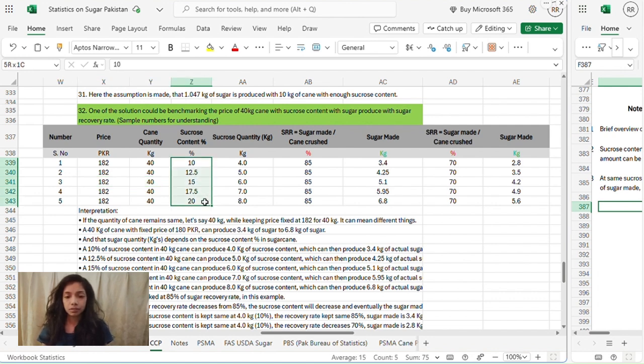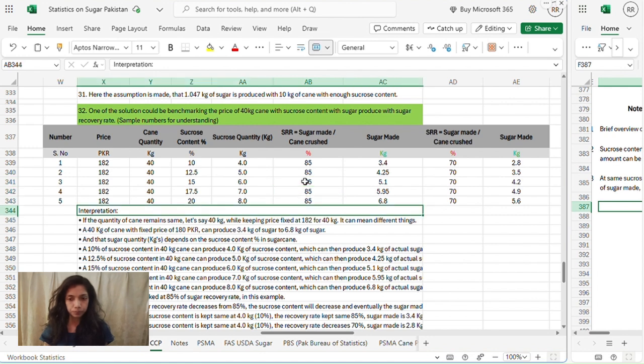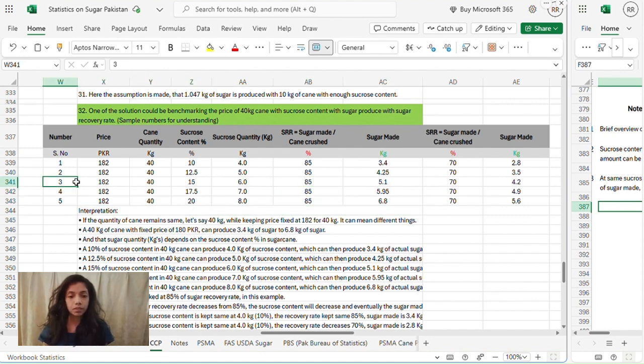This sucrose content, let's say I tried to put this, which is around 10 or 12% max, not 15, 17 or 20. But I just wanted to make estimates. If this is the case and the quantities are kept the same, then how are the further numbers going to change? So let's just take an overview of this.